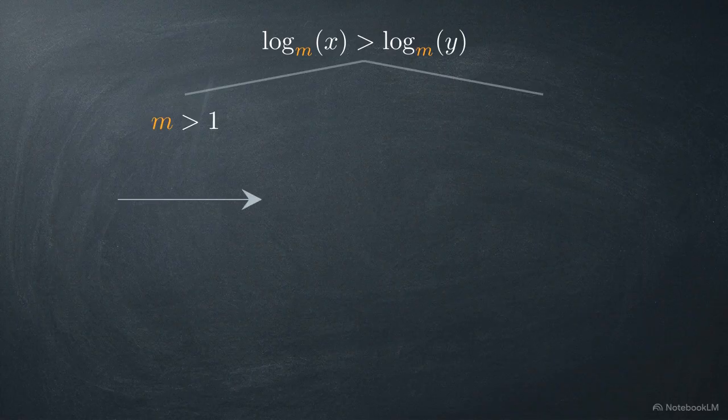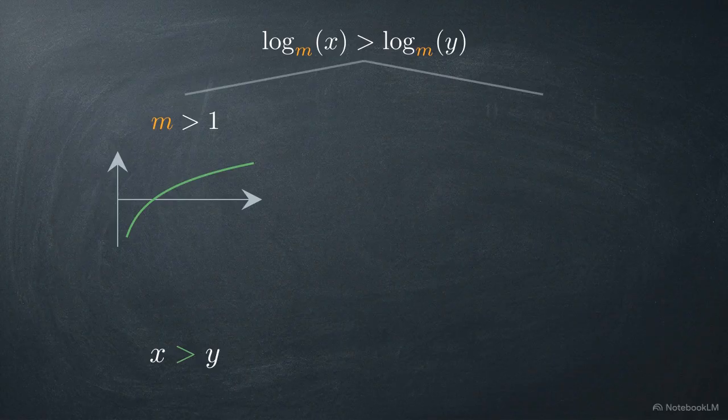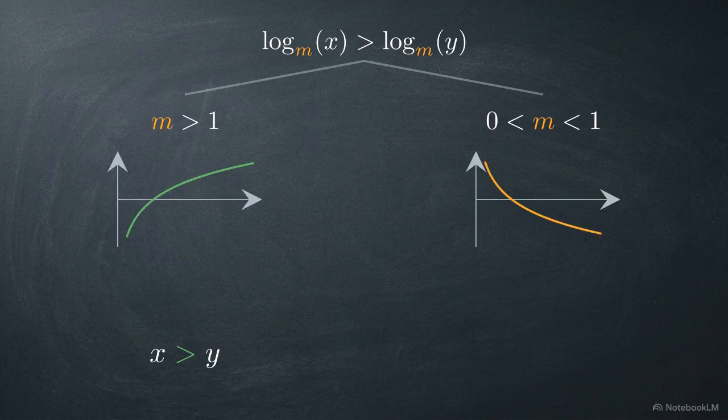A base greater than 1 creates a strictly increasing function, preserving the inequality direction. We can safely remove the logs and state that x is strictly greater than y. Now observe the second condition, when the base m sits between 0 and 1. This fractional base creates a strictly decreasing function, which inverts the relationship between inputs and outputs.